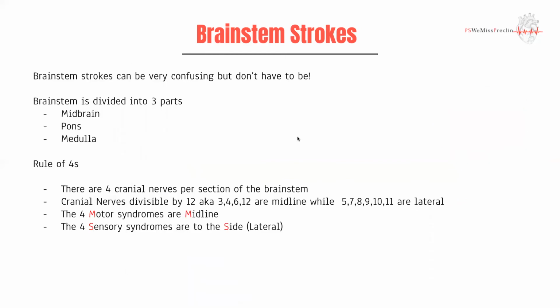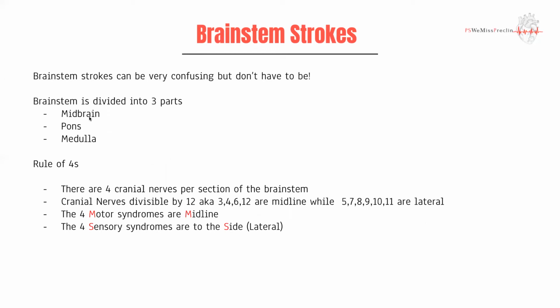To make this simple, we talk about the rule of fours, and let's talk about that. You know that the brainstem is divided into three parts. You have the midbrain, the pons, and the medulla, right? Three different parts. So you know you have 12 cranial nerves. So the rule of four states there are 4 cranial nerves per section of the brainstem.